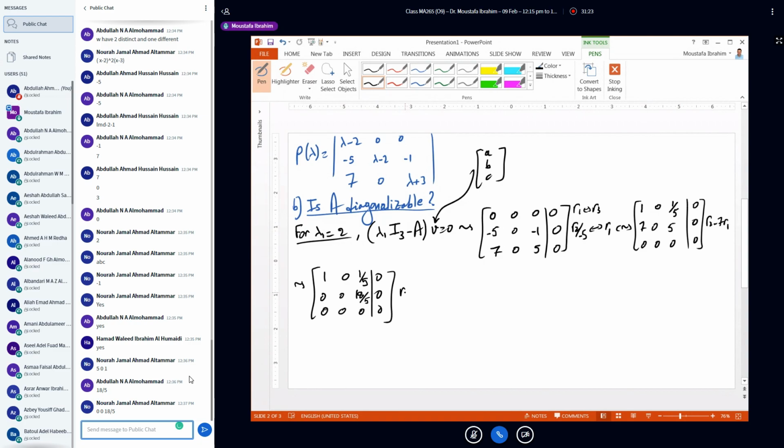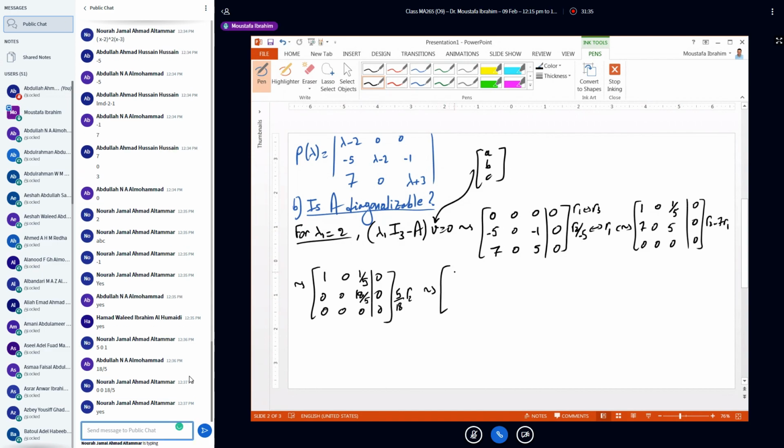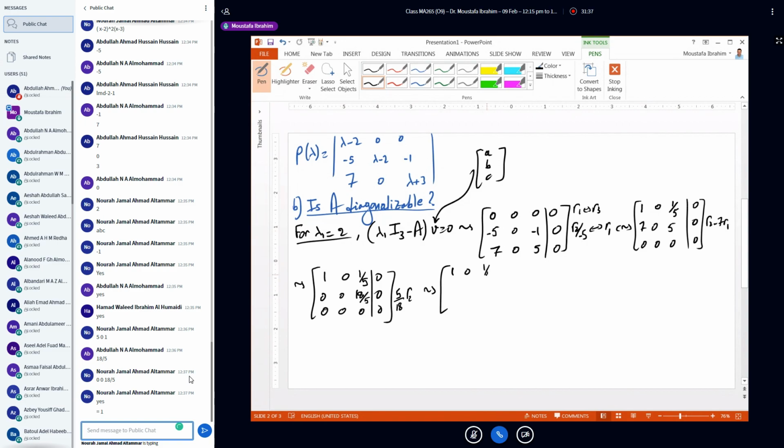So here we multiply R2 by 5 over 18, right? It means we divide by this number. So we get 1, 0, 1 over 5, 0, 0, 0, 1, 0, and all zeros.